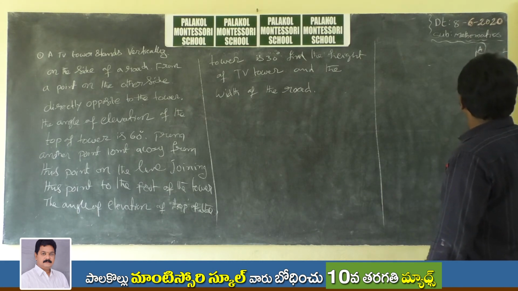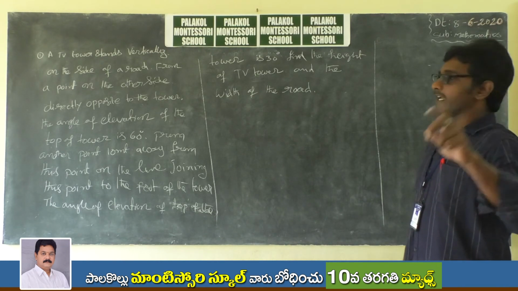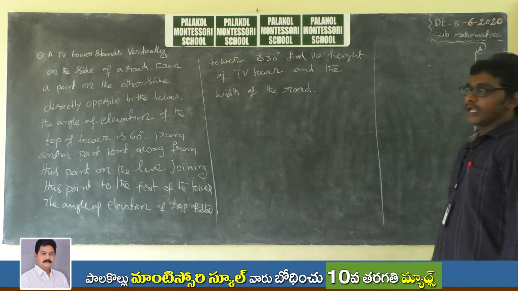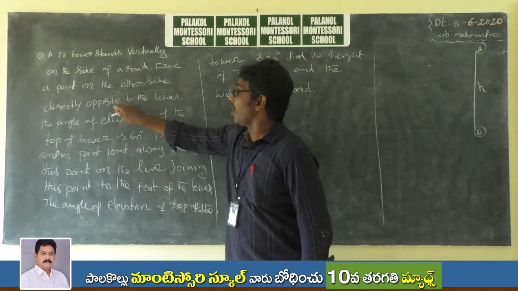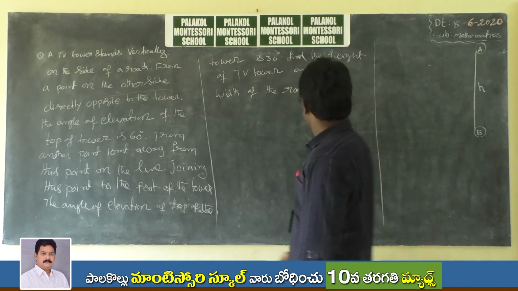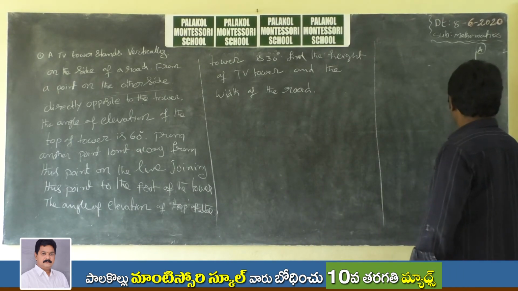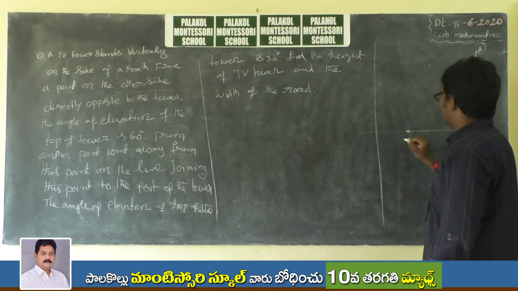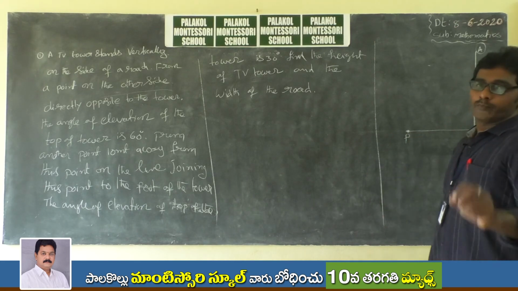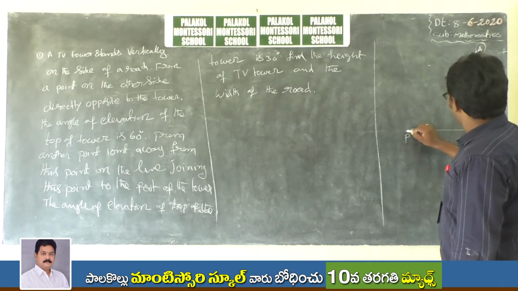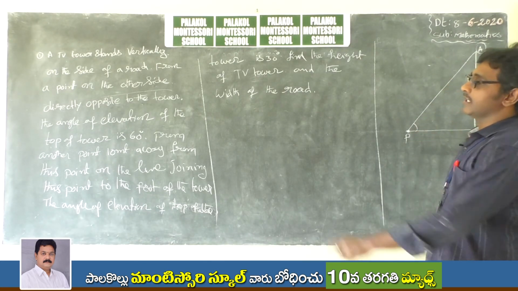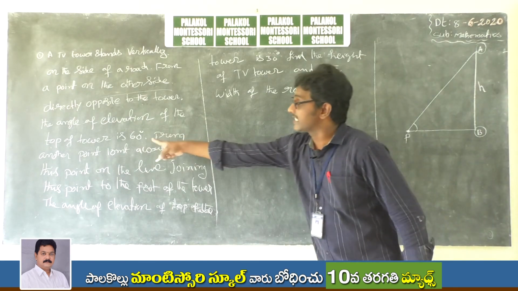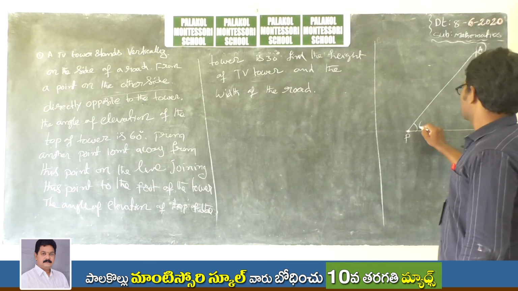This height of the TV tower you have to take as H. This tower directly opposite is the ground level. You have selected one point, that point is P. This point makes the angle of elevation with the top of the tower, whose value is 60 degrees.